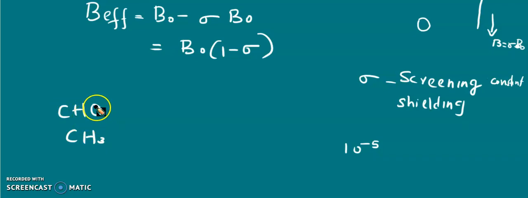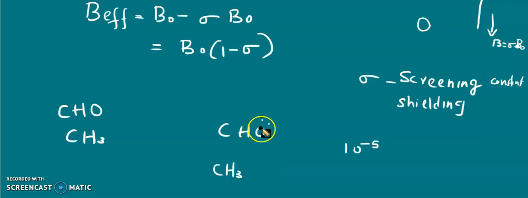But in the CHO group, there is an oxygen which is more electronegative. So the oxygen will attract more electrons towards it, and therefore the electron density around the proton in CHO is less than the electron density of the protons in the CH3 group.